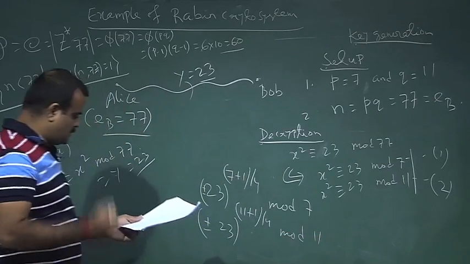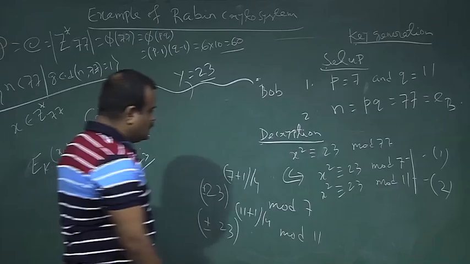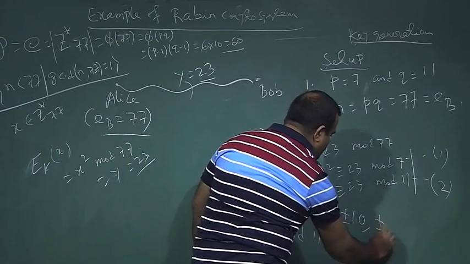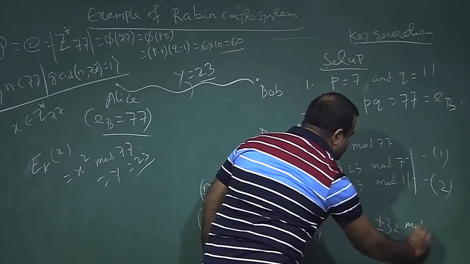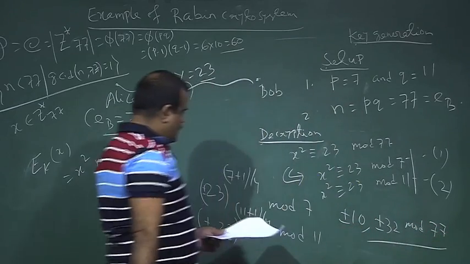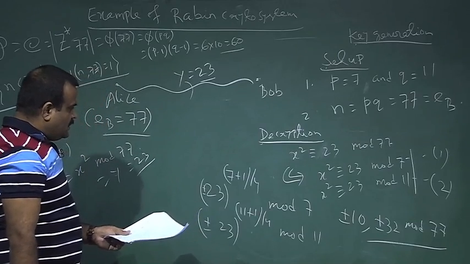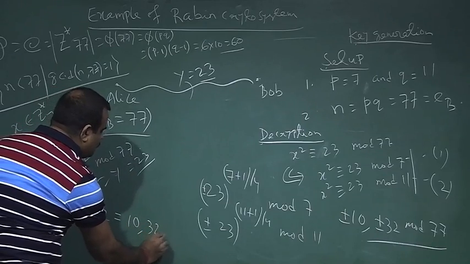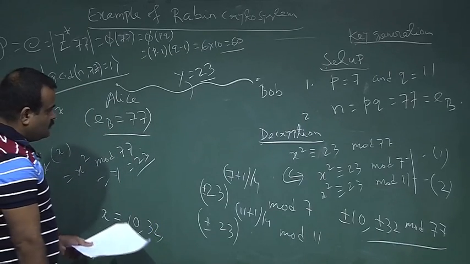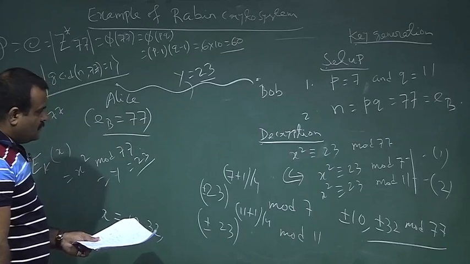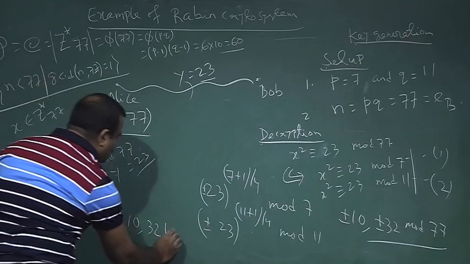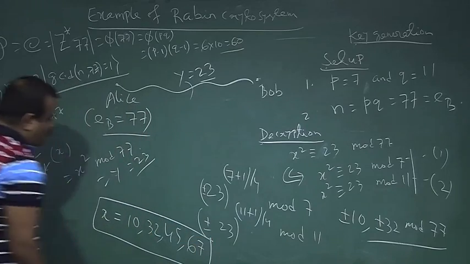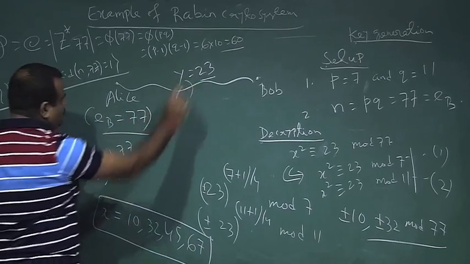These two give us the solutions plus or minus 10 and plus or minus 32 mod 77. So the possible x is 10, 32, then minus 10 which is 67, and minus 32 which is 45. These are the possible plaintexts corresponding to this ciphertext 23.